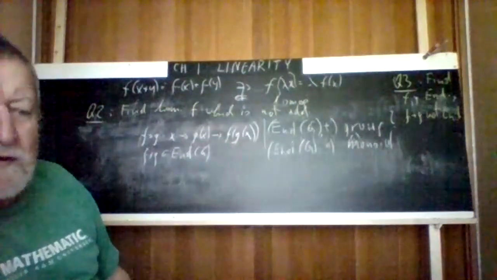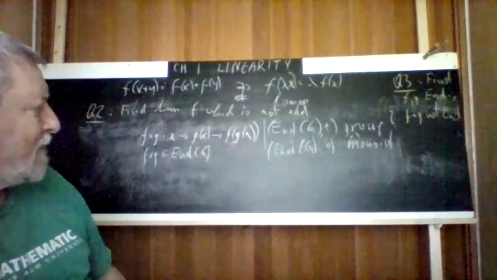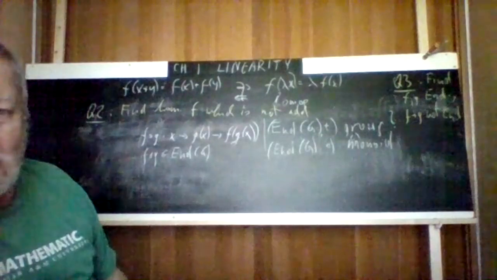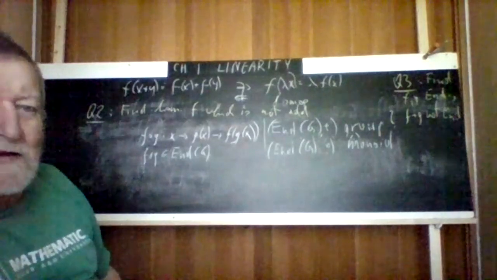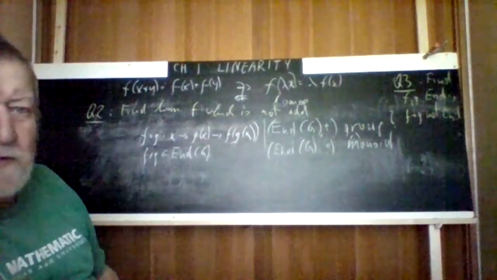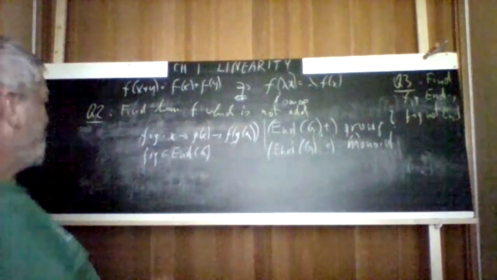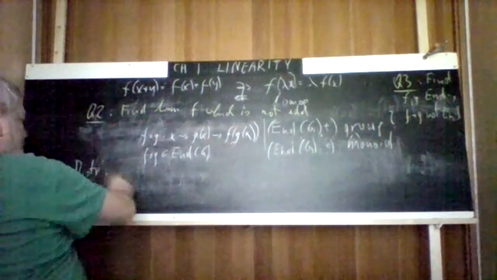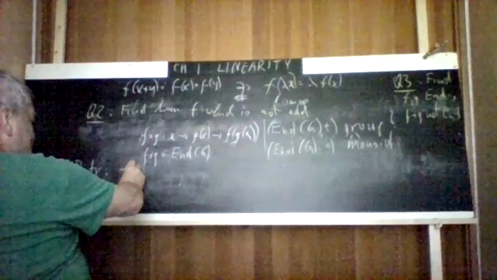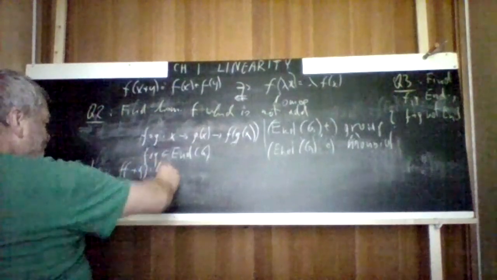Now, for a ring, we have to have some other laws to be fulfilled, namely, there must be an interplay between plus and the composition here. And this interplay is usually done by the distributive laws. So let's check the first distributive law. This first one would be f plus g composed with h.